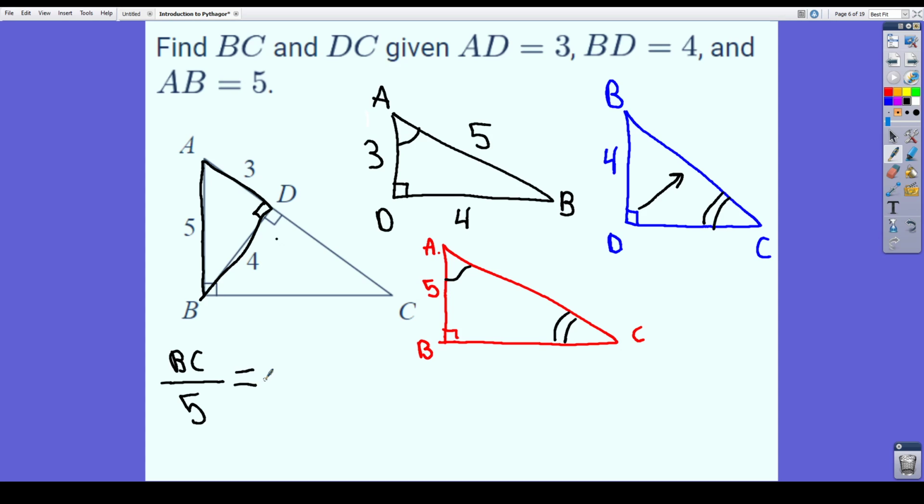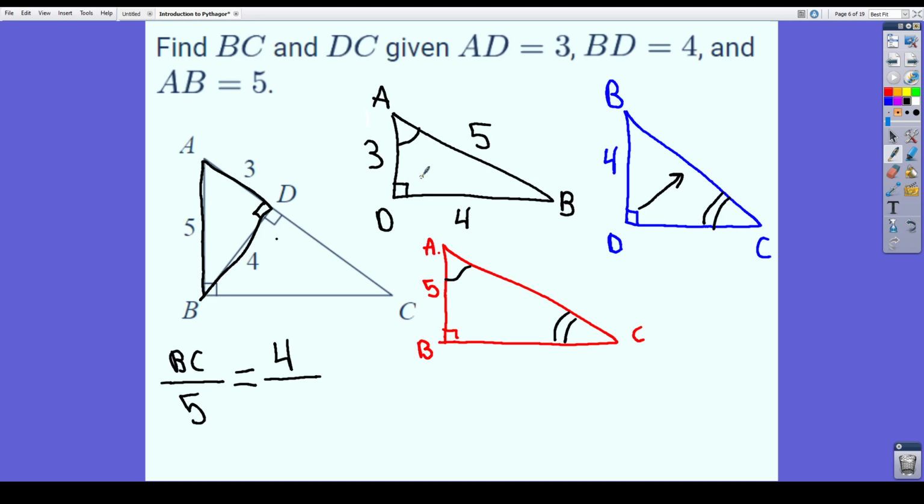Now I must create another ratio that would cause a proportion. Since we started with the blue triangle in the first ratio, we have to start with the blue triangle again in the second ratio. So what else can I use? Well, I have the number 4 here, and because I'm trying to solve for BC, I don't want any other variables or missing side lengths. I want numbers, so I'm going to put the side that equals 4 there. Now that is the side BD, and I went from the blue triangle to the triangle ADB.